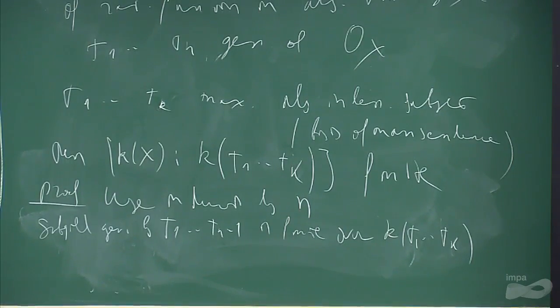Then you have a subring generated by the first k elements, and you take the quotient not by all elements, but ones which belong to this subring. So this is again a quotient by an ideal, and this is a ring of algebraic functions on some other algebraic variety, which is in fact just a projection.